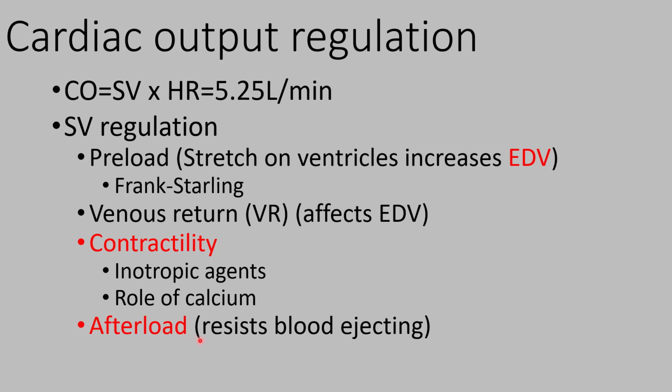So all of that together means we are resisting blood ejecting from the left side of the heart. When afterload goes up, less blood leaves the left side of the heart. Another way to say that is as afterload goes up, stroke volume goes down. And if stroke volume goes down, cardiac output goes down.